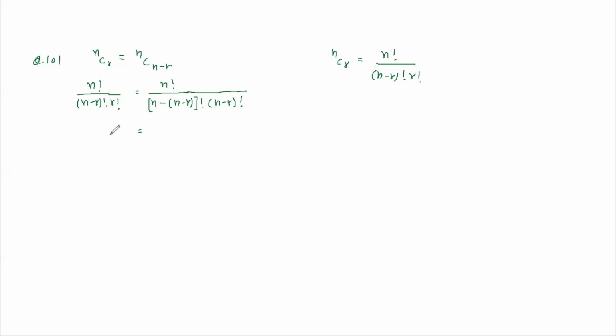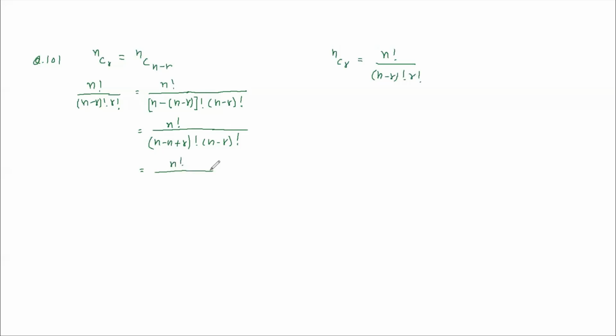Okay, so then after this we can simplify, right? Simplify on the right hand side. So n factorial over, simplify this term, becomes n minus n plus r factorial times (n minus r) factorial. Okay, now simplify this, plus n minus n is gone, right?